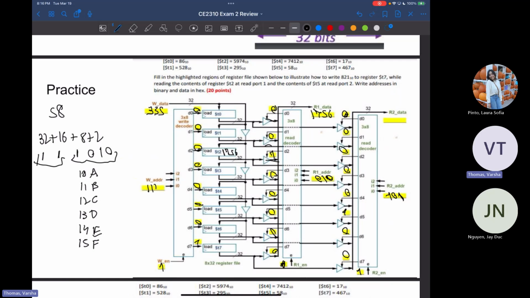So we have A, and we have 1 plus 2, so 3. So our read data will be 3A.